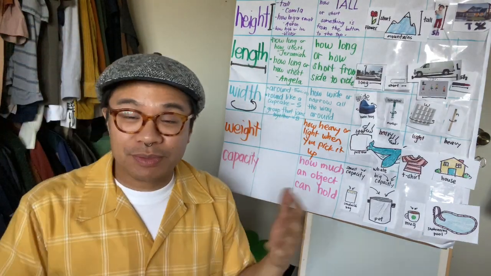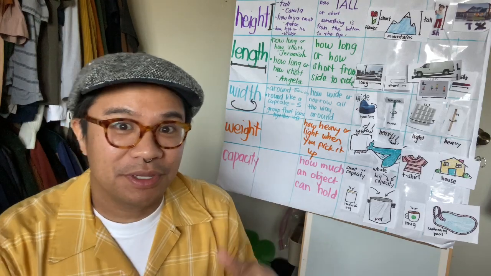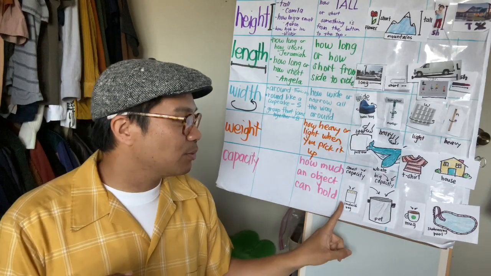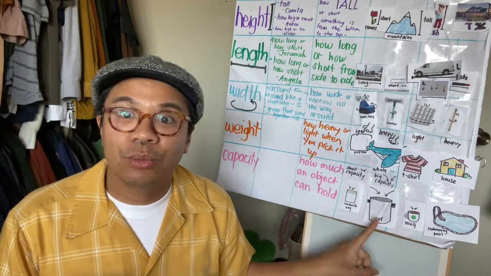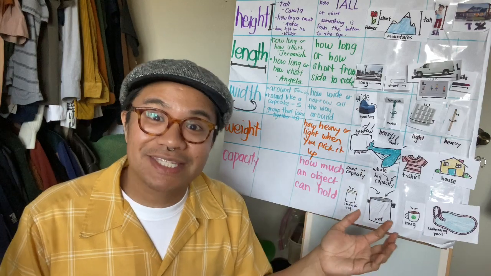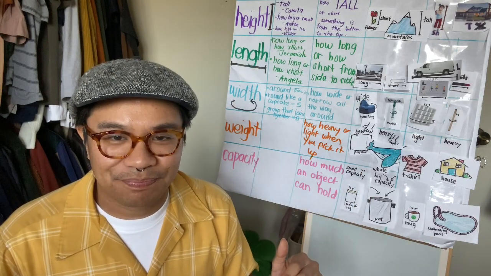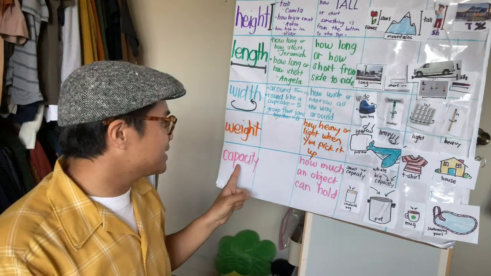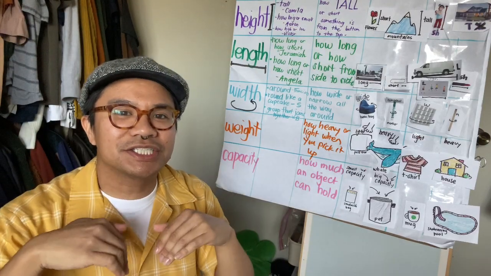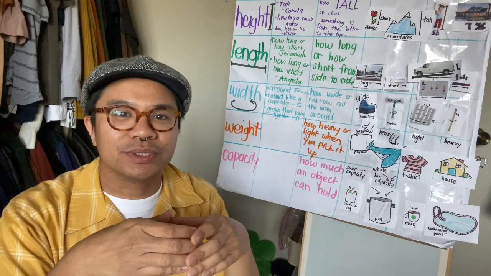Now, we use cubes with Mr. Junie, but at home you can even fill your mug, your sandwich bag, your pot with water too. Water is another way to find out the capacity of an object. Cool, so remember, one more time, everyone say capacity. How much an object can hold.